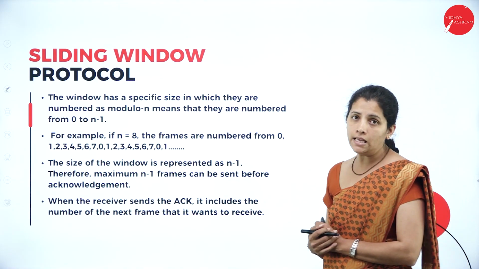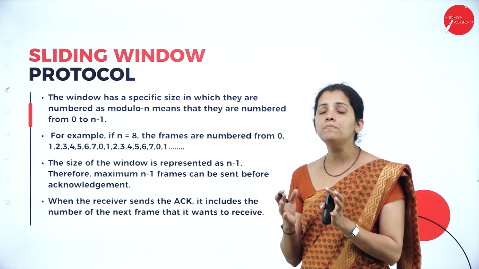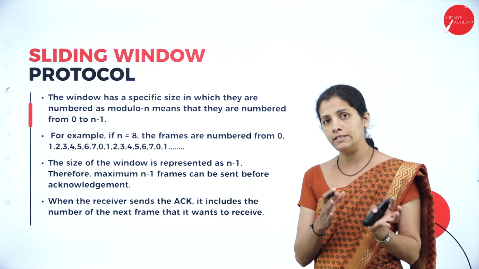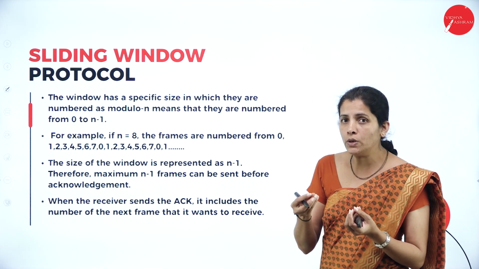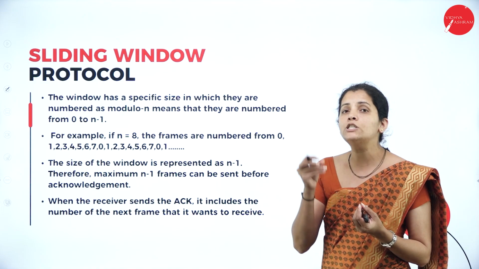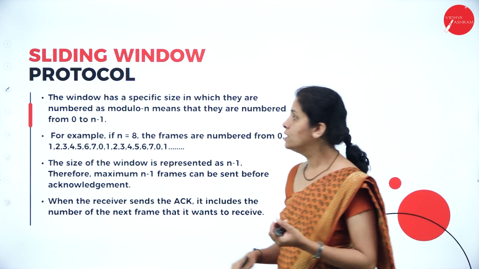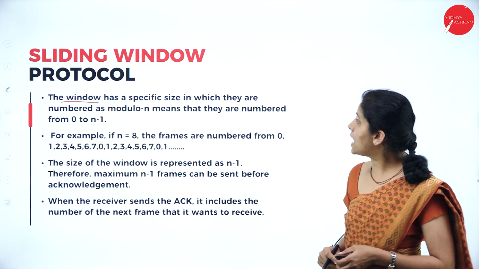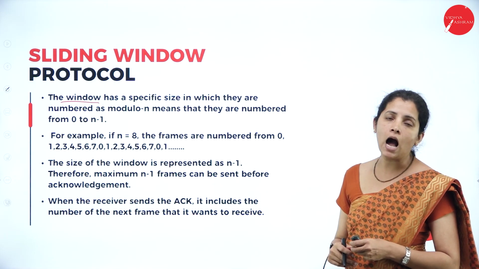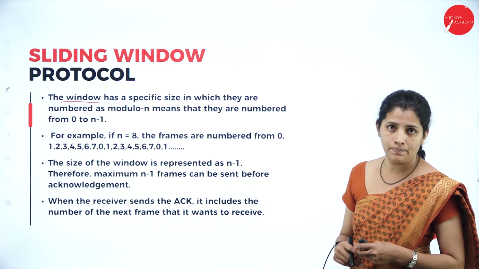In this method, we must have the same window size at the sender side and at the receiver side. Then what is this window? A window is nothing but storage, a temporary buffer. The window has a specific size, in which frames are numbered modulo n.